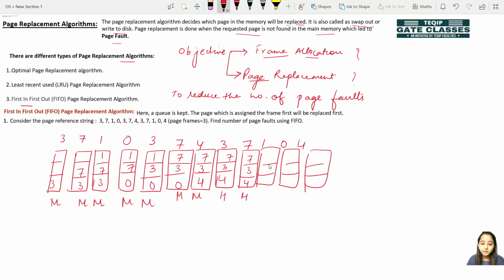Then 1 came, so 1 will replace 3, because 3 came before 7 and 4. So here also a miss occurs.